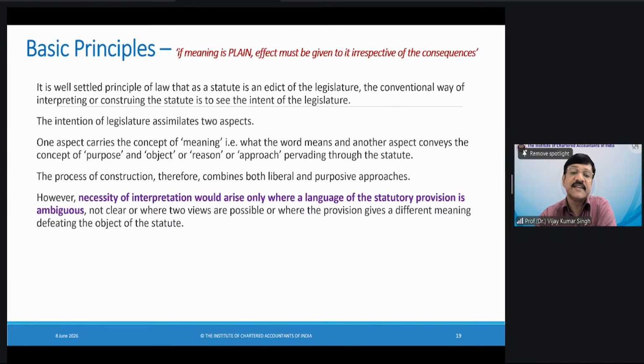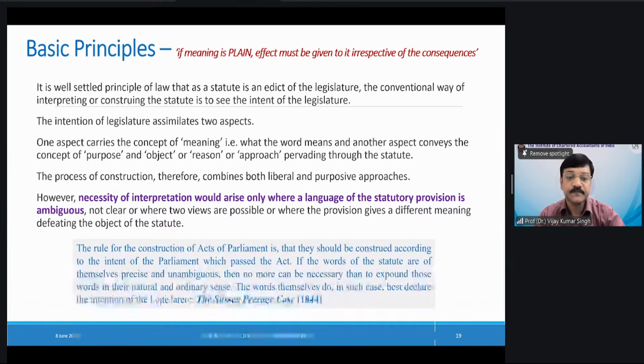However, necessity of interpretation would arise only when the language of the statutory provision is ambiguous. If language is plain, language is clear, there is no need for you to do interpretation. It is clear enough. But when the language is having some complexity, or language is not making any sense, or you are finding difficulty to make sense out of it, then you look at the interpretation. So this is what is referred to as the Sussex Peerage case.